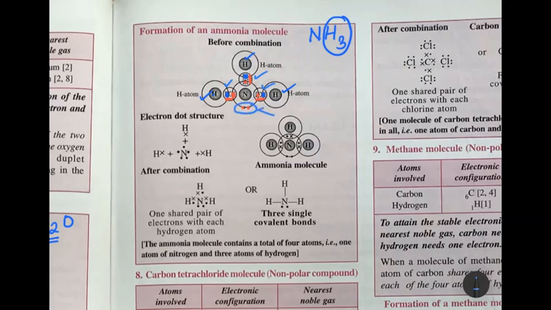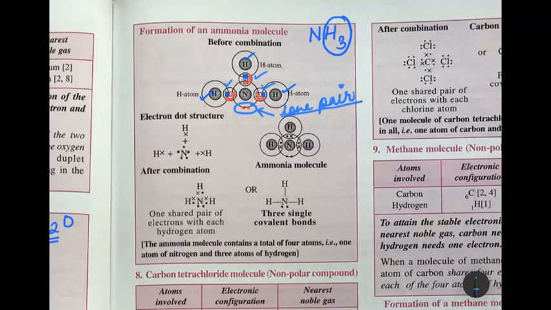These electrons which are found on the outermost orbit of nitrogen, which are not shared with anything, are known as lone pair of electrons. Okay, please keep this in mind. We'll be talking about it later on.